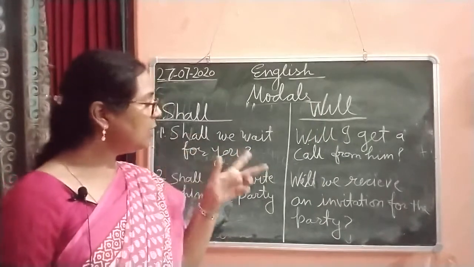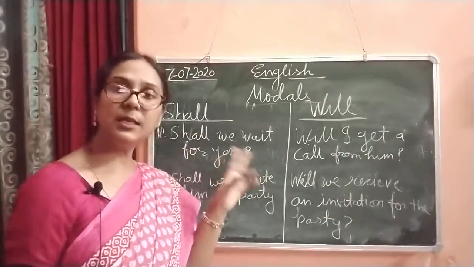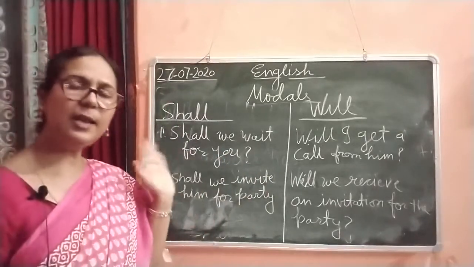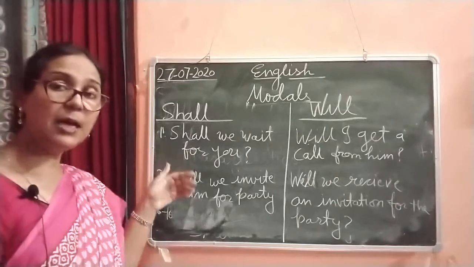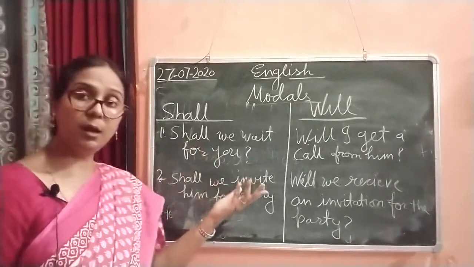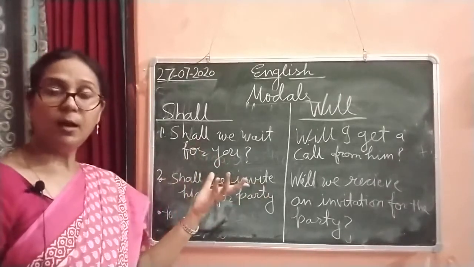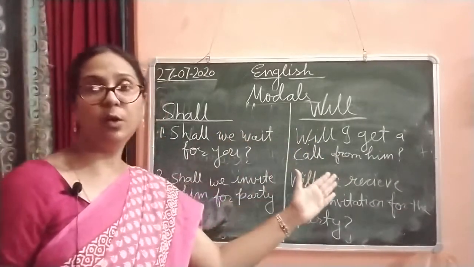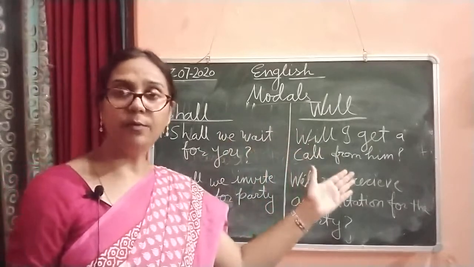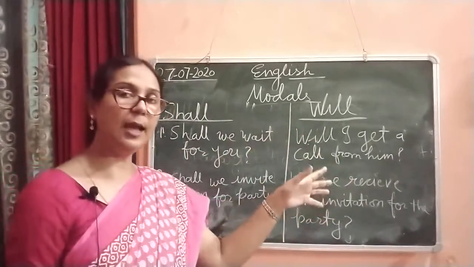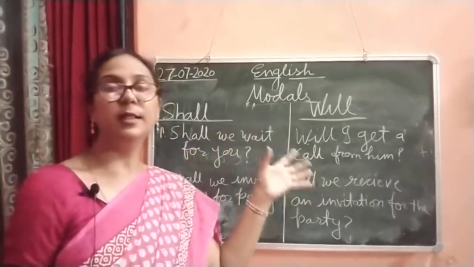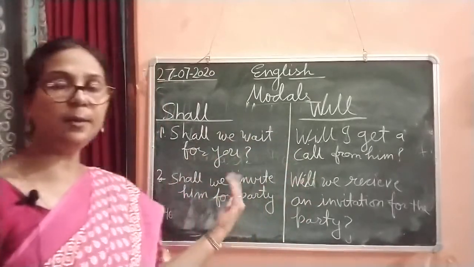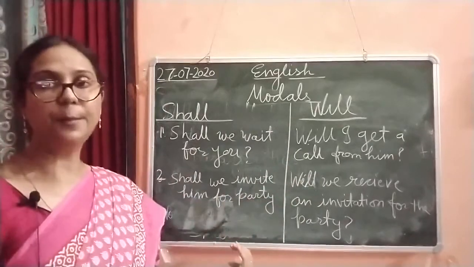In both the possibilities are there, but with shall, less possibility. We are asking the other person's will, whether we are going to do something. Here it is not about any type of offer. We are just asking, and I am quite assured that I will get this. You can understand this difference by these two examples.